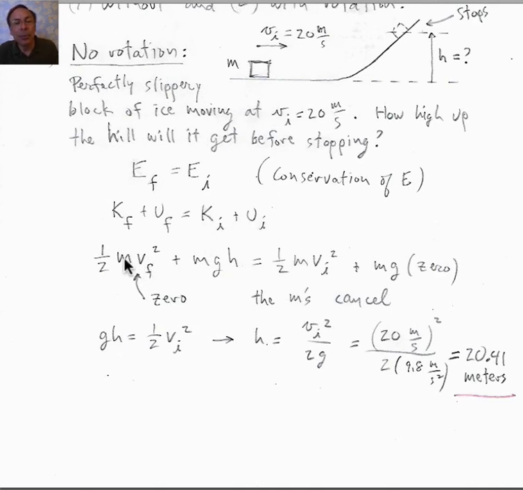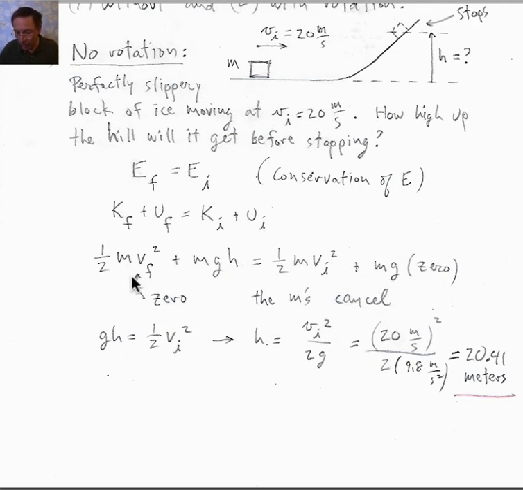And then we put in formulas for each piece: 1/2 m v final squared. Now v final is 0, so this term will be 0. m g h for the final potential energy, 1/2 m v initial squared, and m g h, but over here this is 0 height, so this term will also be 0.